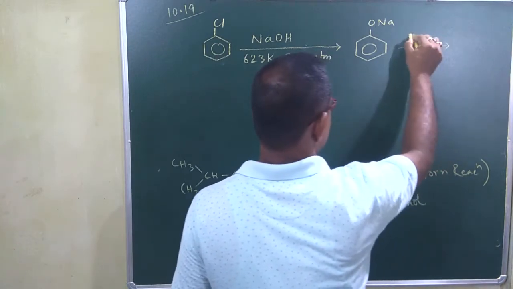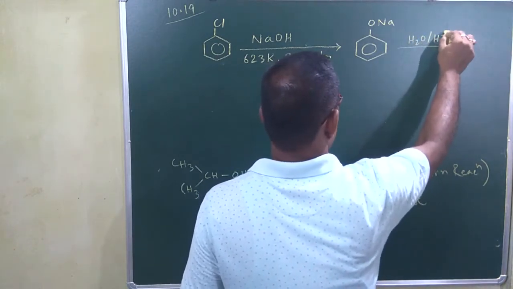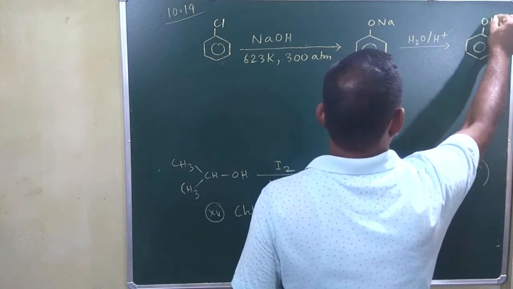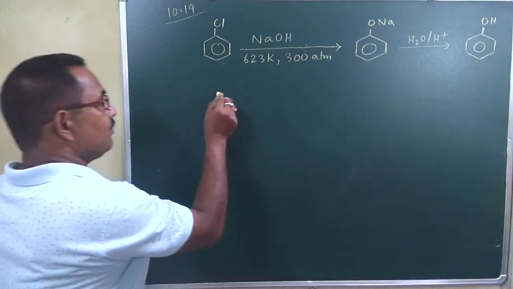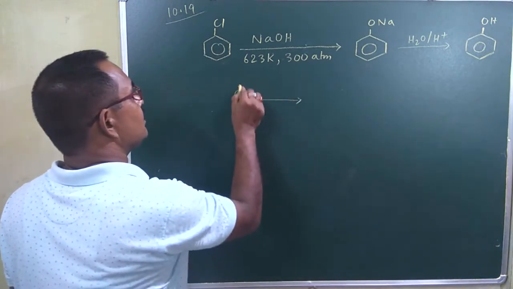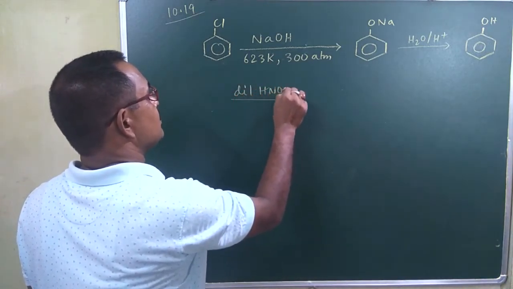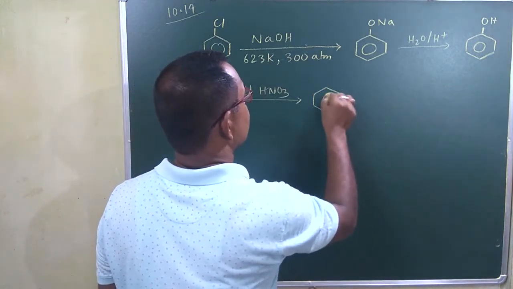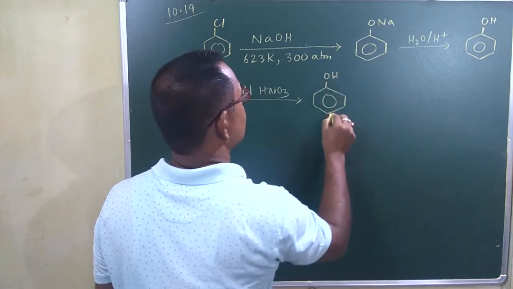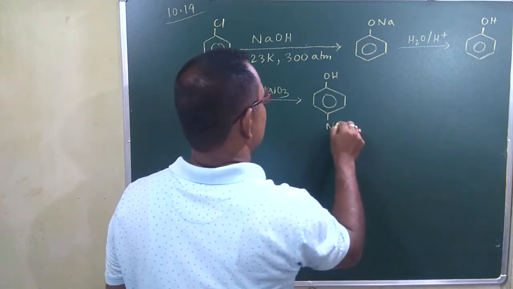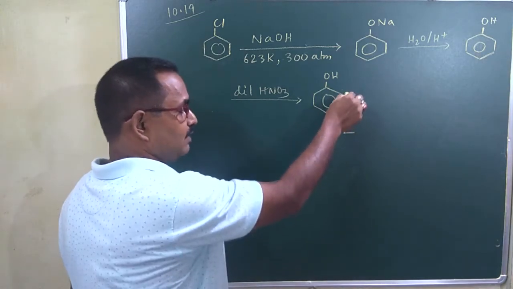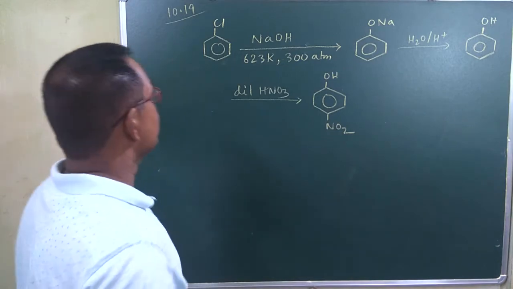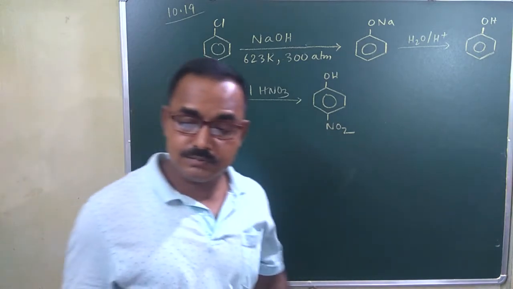On hydrolysis, this will give you phenol. Now, that phenol will be treated with dilute HNO3. On treatment with dilute HNO3, phenol will give you a mixture of ortho-nitrophenol and para-nitrophenol. Para-nitrophenol is the major product. Okay, come to the next.